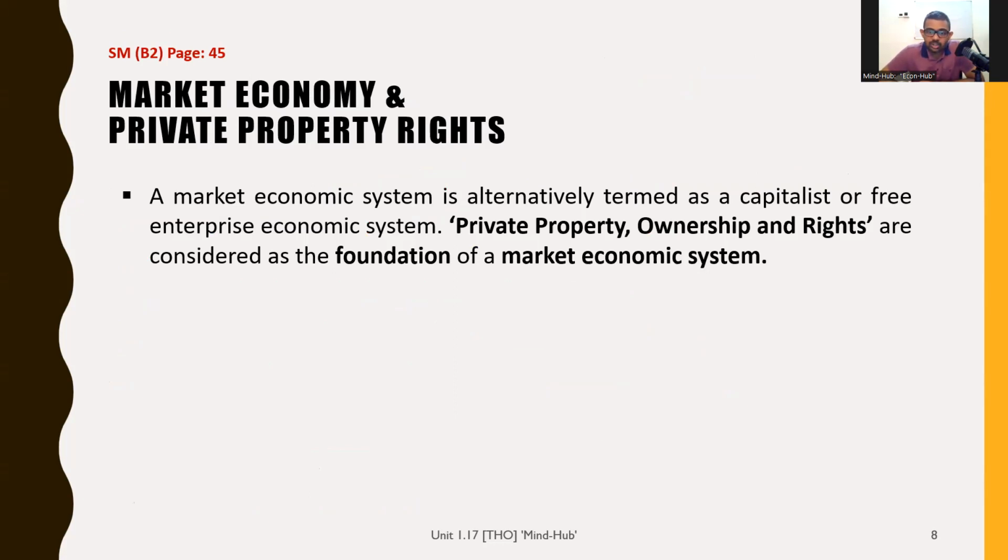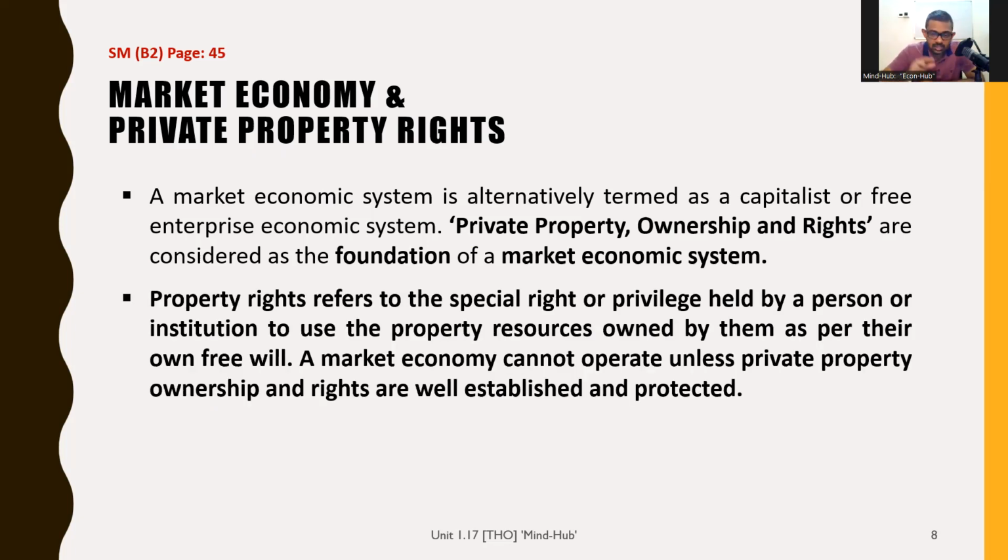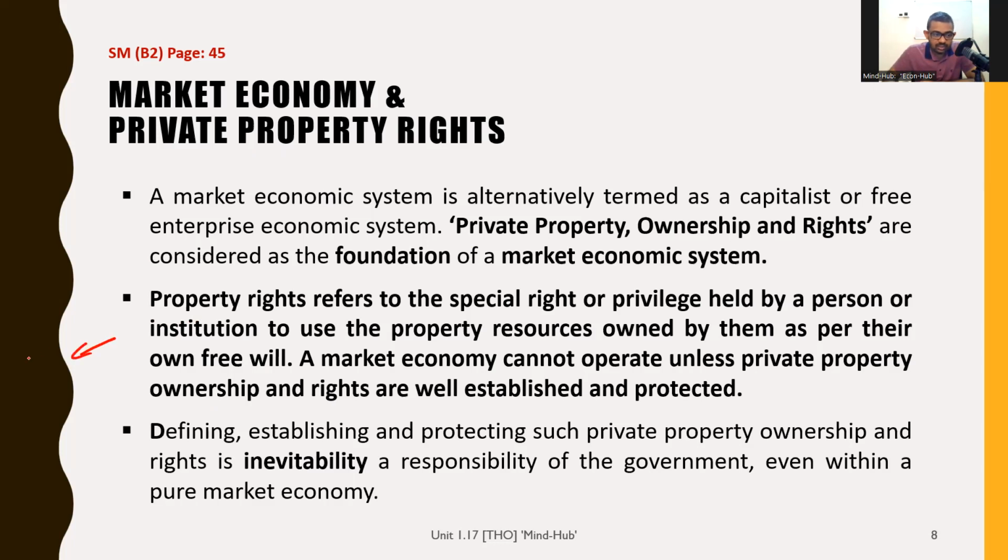Private property ownership and rights are considered as the foundation of a market economic system. Considered as the what? Foundation of a market economic system. Then this part is important. So I'm here in the second point, but I'm actually providing a definition.